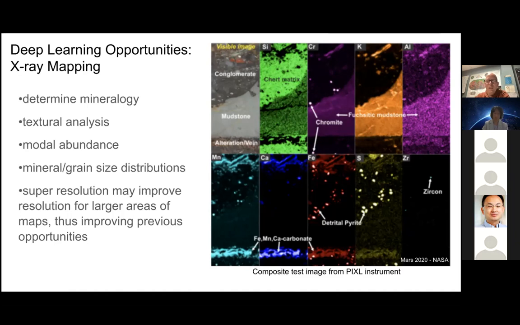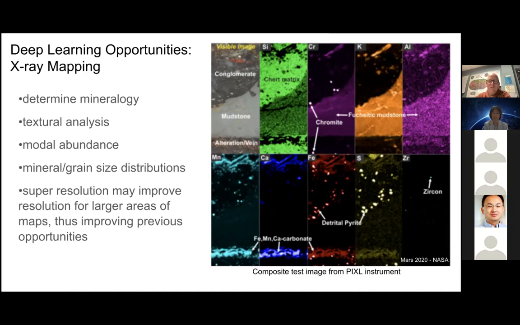So there will be interpretations based on elemental signatures, such as what we see here. Chert is a very high silica rock, and we see it being the principal cement in this other rock type that's known as a conglomerate. So there's about to be an abundance of different types of maps available for study.